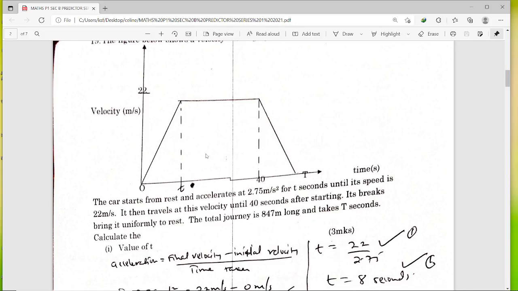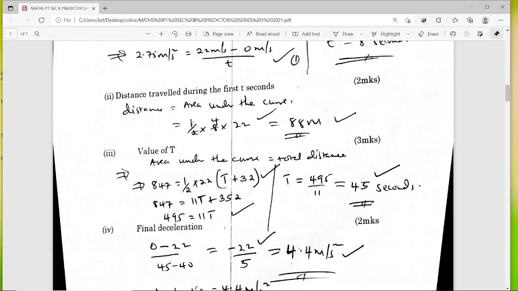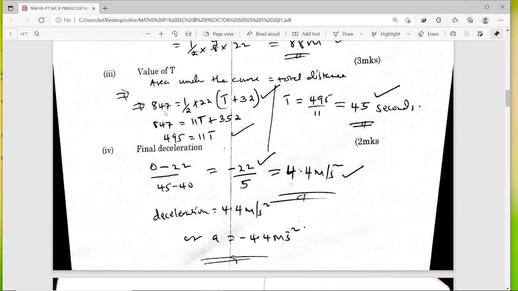So we shall say that a half times the height, which is 22, into brackets T plus the distance from here to here. Remember, this is 8 and this is 40, so from here to here is 40 minus 8, which is 32. So it will be 847, the total distance, which is half times 22 into T plus 32.